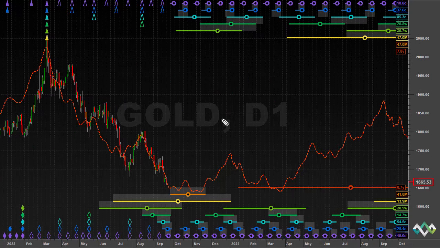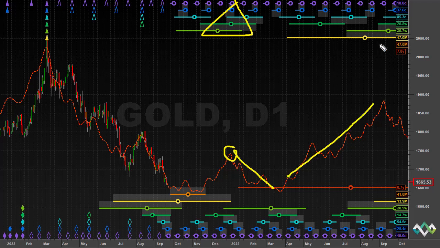When we display the composite model line based only on the peak analysis, you can see that we get a very similar result to the result in the other analysis we were looking at, with the 40-week cycle peak expected at the end of this year. Then price will move down into a trough over here and then come up to the next 18-month cycle peak. That's based only on the peak analysis.